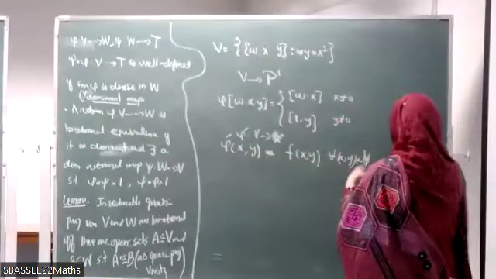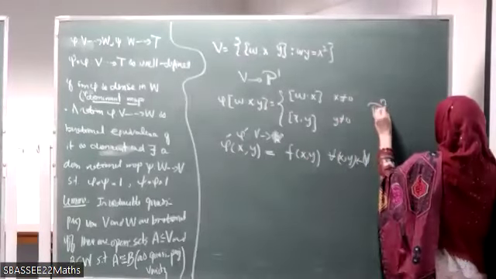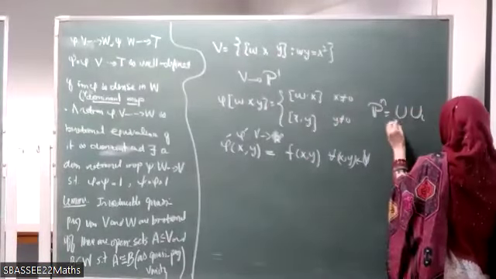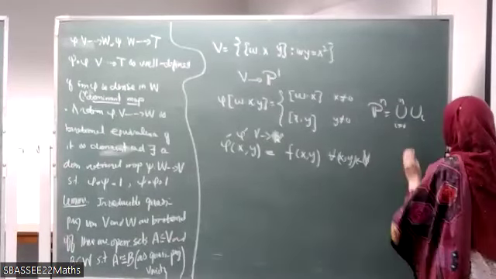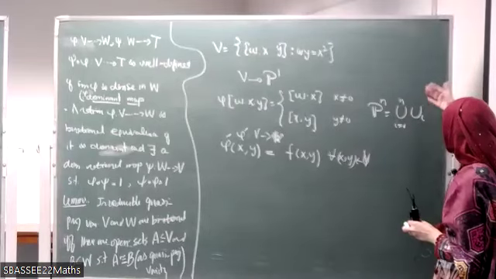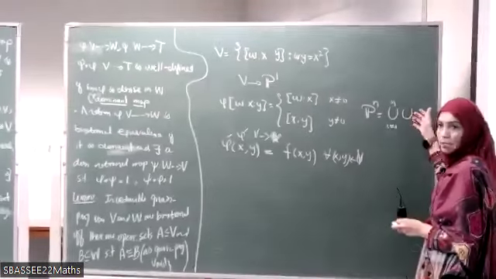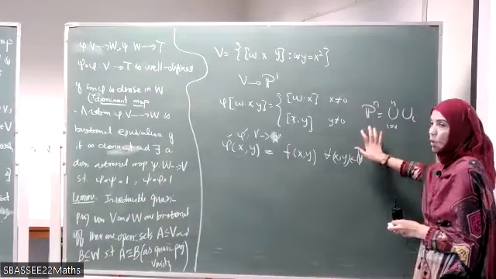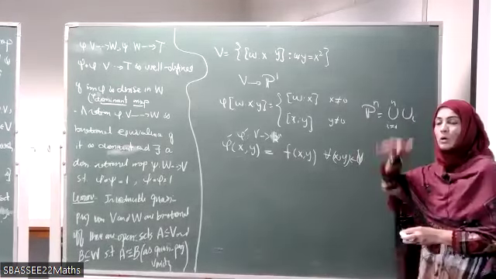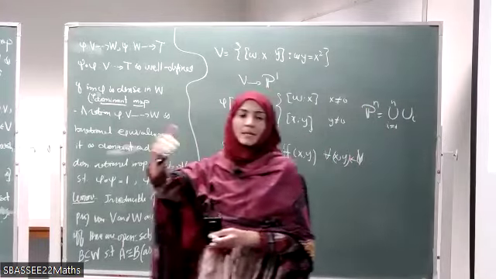Because remember we defined P^n as just a union of all U_i's. So these are called affine patches or an affine open cover for this projective variety. And if you want to work on all of P, then definitely you can work on these patches.